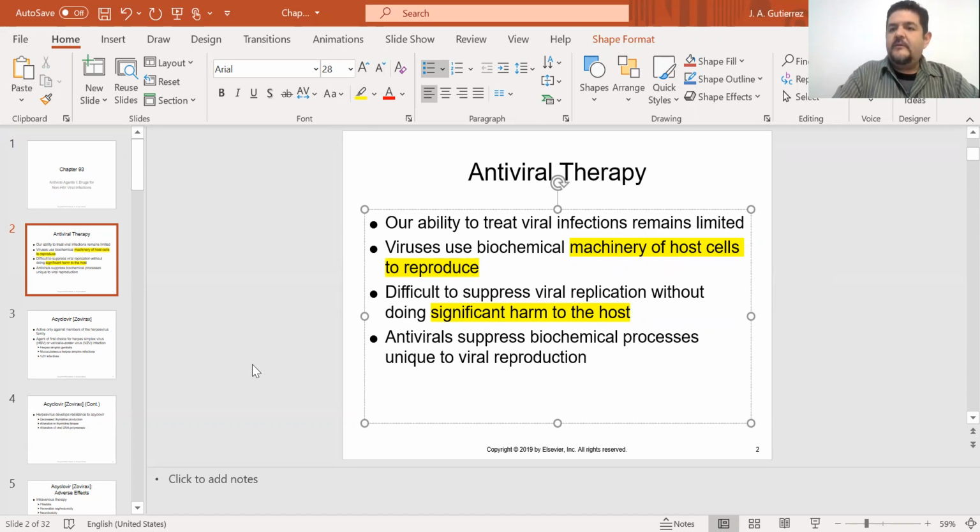If we decide to treat the patient, you need to understand that all the medications we're going to be talking about are going to be stopping viral reproduction inside our cells. Okay, so let's start.